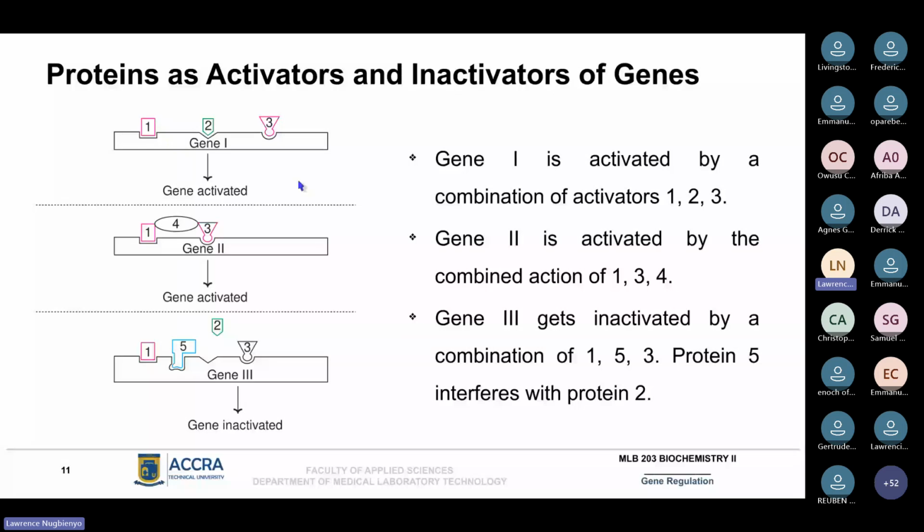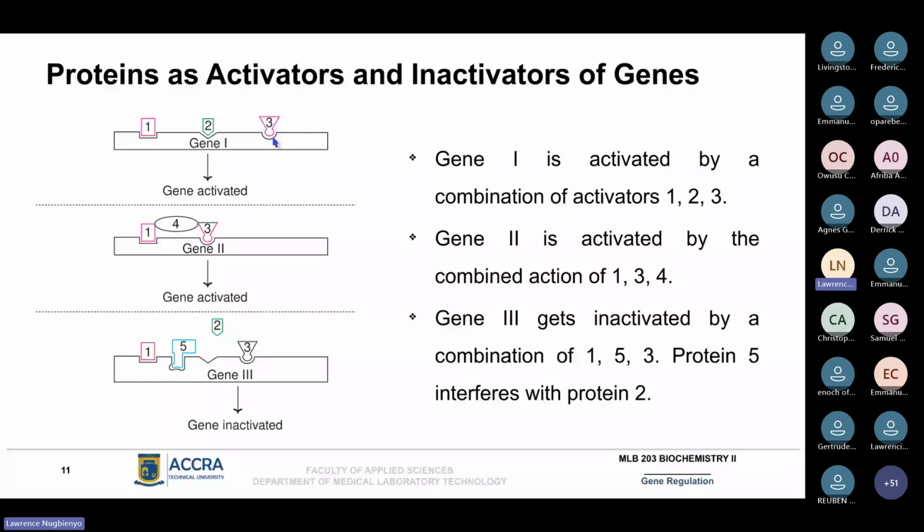So here, the first thing which is being depicted is that you have a gene. So the strand you see here, gene 1, this gene can get activated by three different factors or three different proteins, which are 1, 2, and 3. The gene can get activated in that manner.